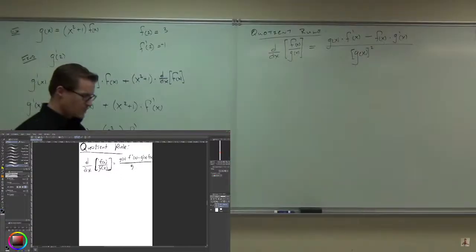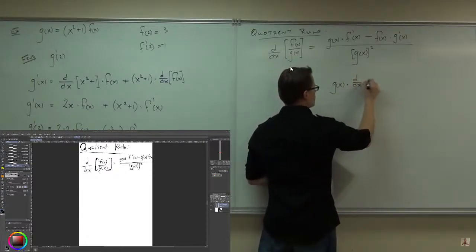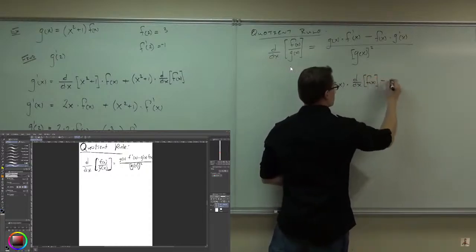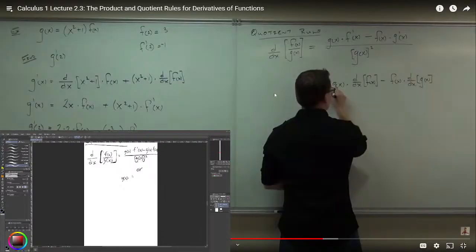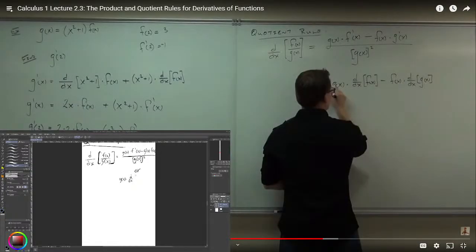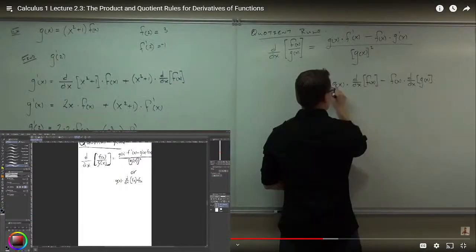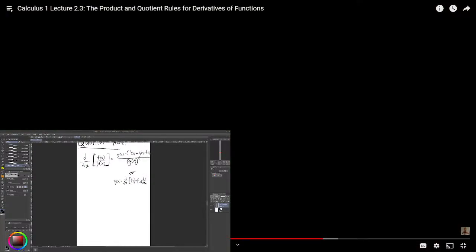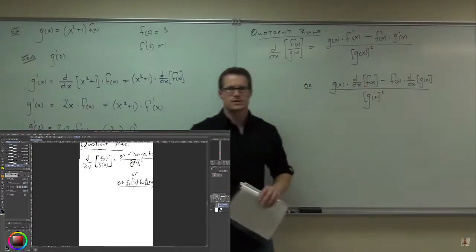Or if you prefer, if you like the d/dx format like I do, this says the same thing. That's the same thing.